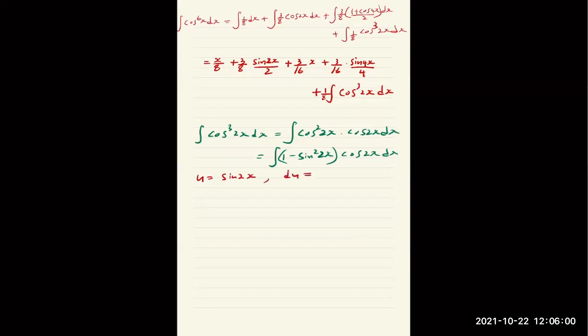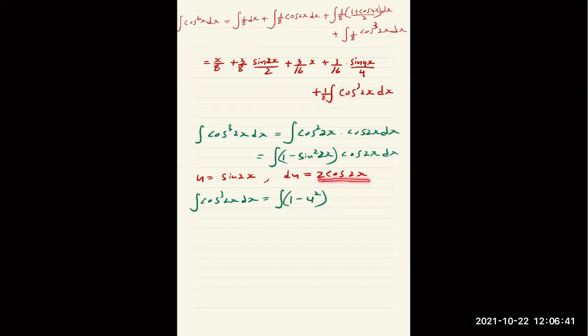Then du is equal to cosine 2x times 2 dx. Going with this substitution, the integral of cosine cubed 2x dx should be equal to the integral of 1 minus u squared, since sine 2x is u, times cosine 2x dx.